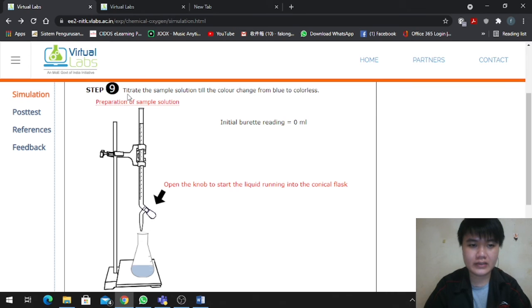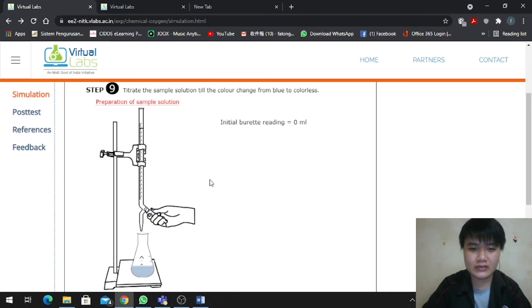Step 9. Titrate the sample solution till the color changes from blue to colorless. Initial burette reading 0 ml. Open the knob to start the liquid running into the conical flask.